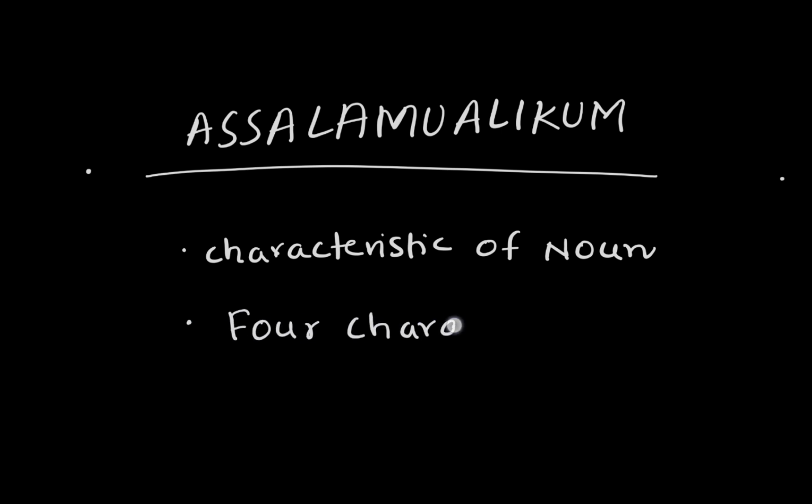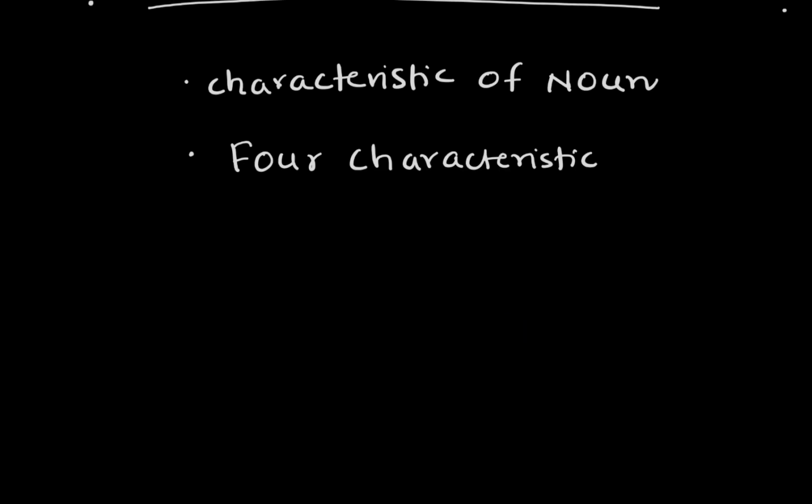As we know, the short form of the characteristics of a noun is DING, D-I-N-G. The first characteristic is D. D stands for definite and indefinite.